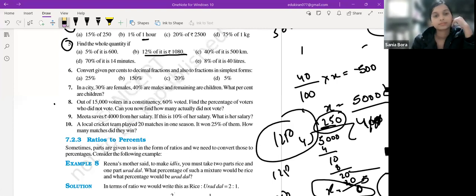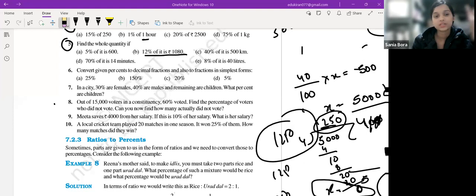Number of matches a local cricket team played in one season is equal to 20 matches. It won 25% of them. How many matches did they win? Number of matches a local cricket team played in one season is equal to 20 matches. Percentage of matches they won is equal to 25%. When you are writing percentage, don't write number of, write percentage of matches they won.